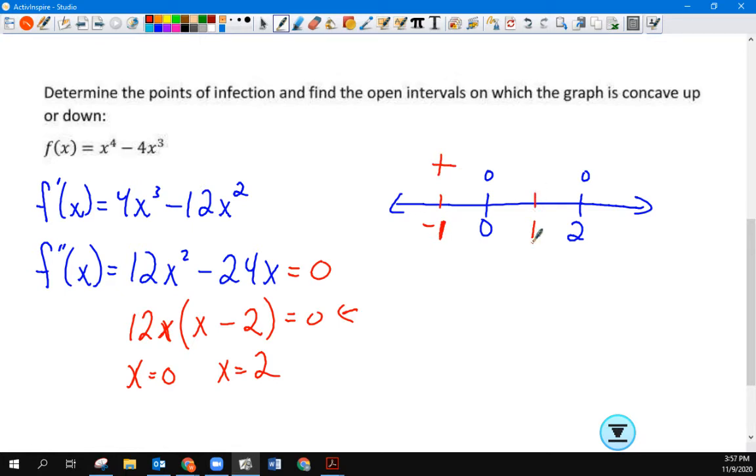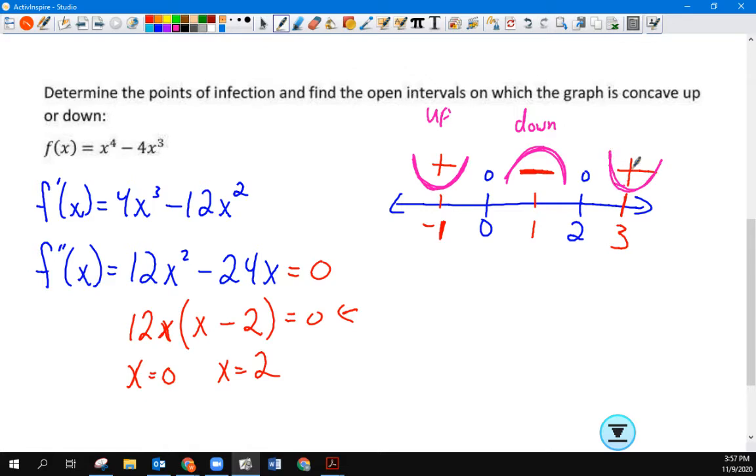Plug in 1. When I plug it in my first, I get positive. When I plug it in my second, I get negative. So concavity is negative there. Plug in 3, I get positive. So that means that these are points of inflection because here I'm up. My second derivative is positive, so I'm concave up. Here I'm concave down.